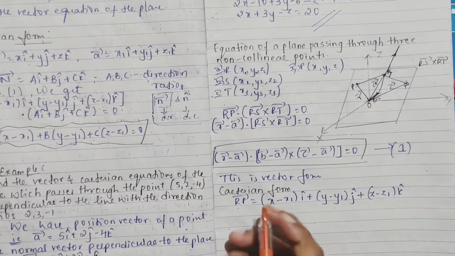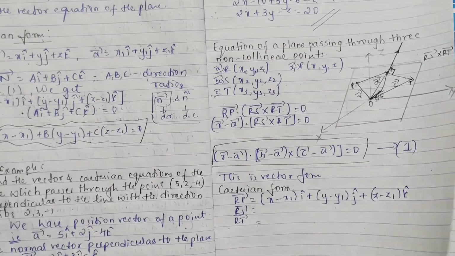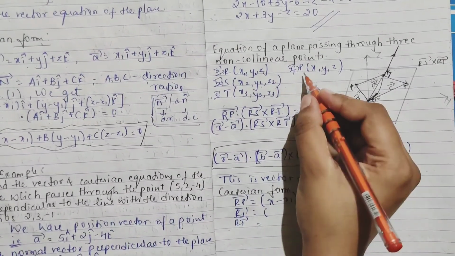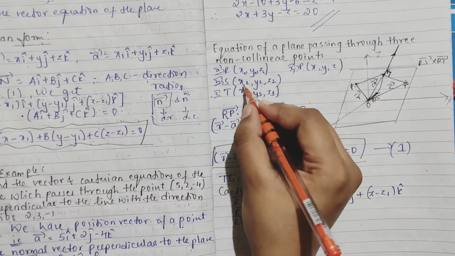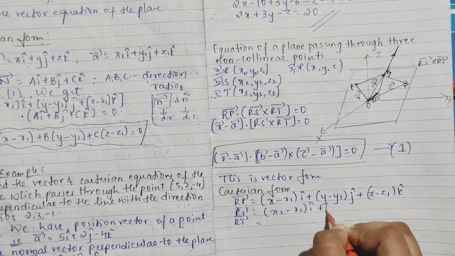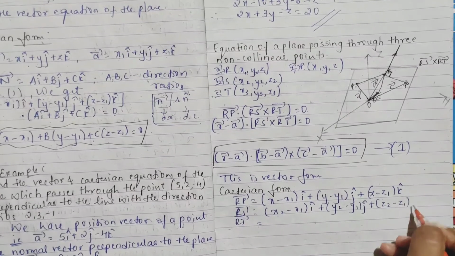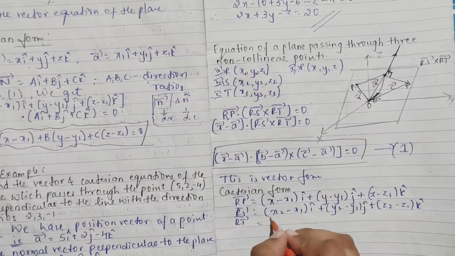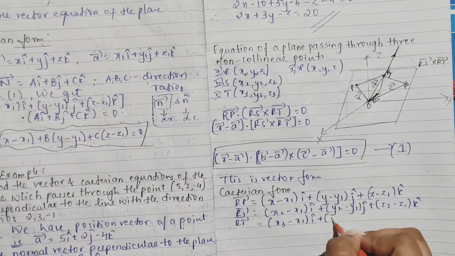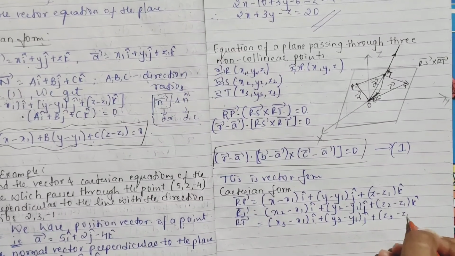Like this only, your same RS and RT, you can write it the same way. You'll get RS as x2 minus x1 i cap plus y2 minus y1 j cap plus z2 minus z1 k cap, and your RT will be x3 minus x1 i cap plus y3 minus y1 j cap plus z3 minus z1 k cap.